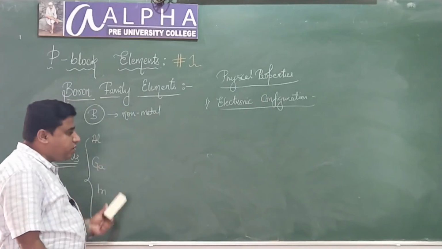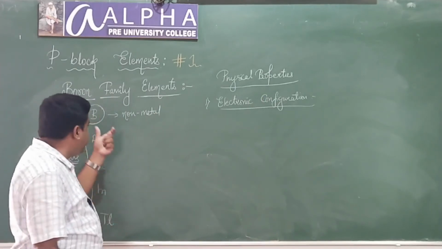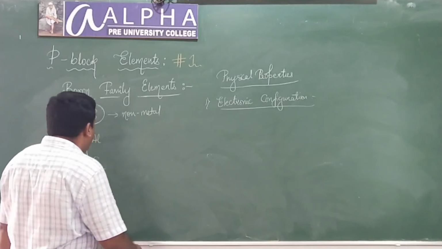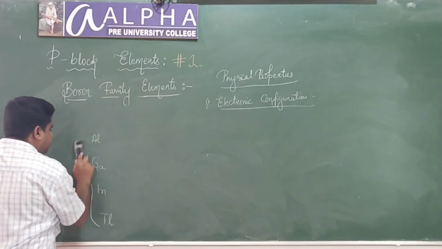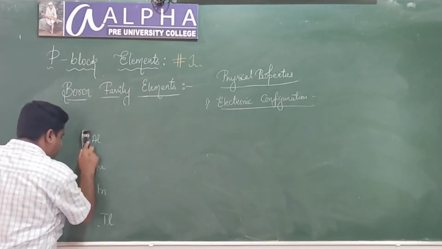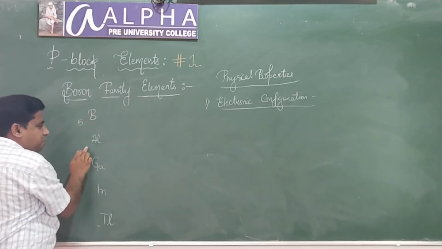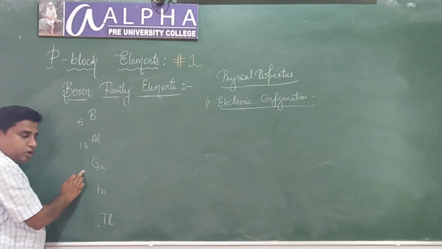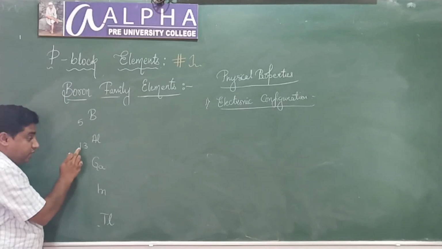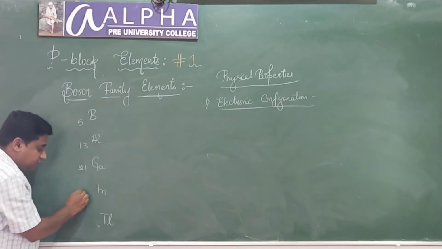What is the general outer electronic configuration of p block elements? By the way, what is the atomic number of boron? Anybody please? Boron atomic number is 5. 5 plus 8, 13. 13 plus 8 is 21. 21 plus 18 is 39.